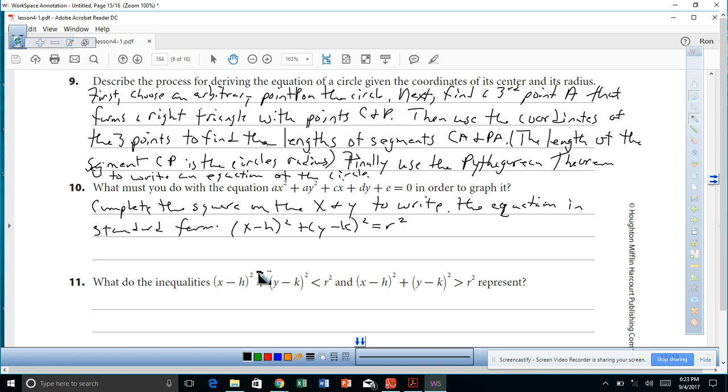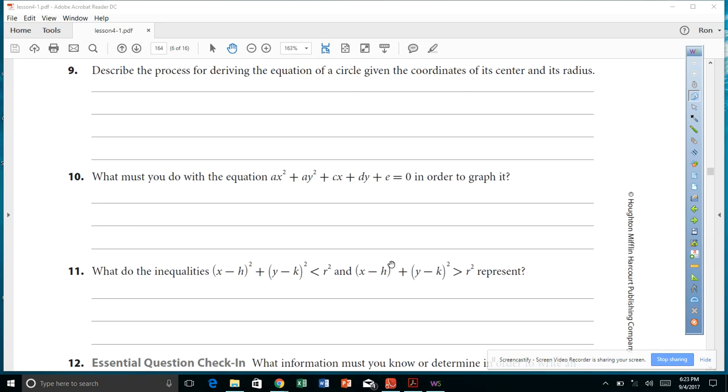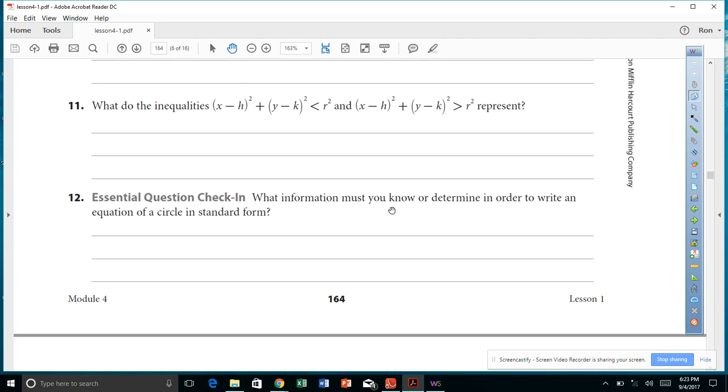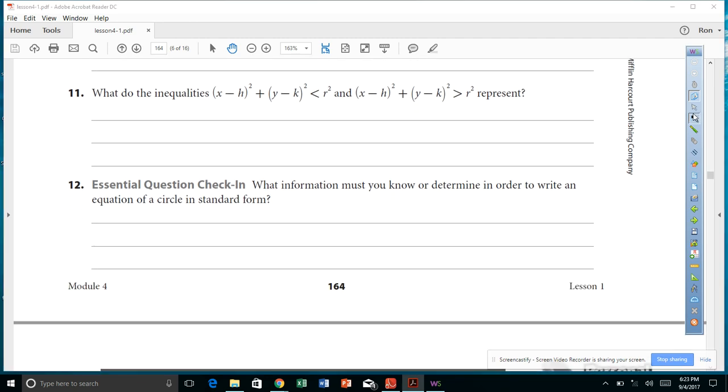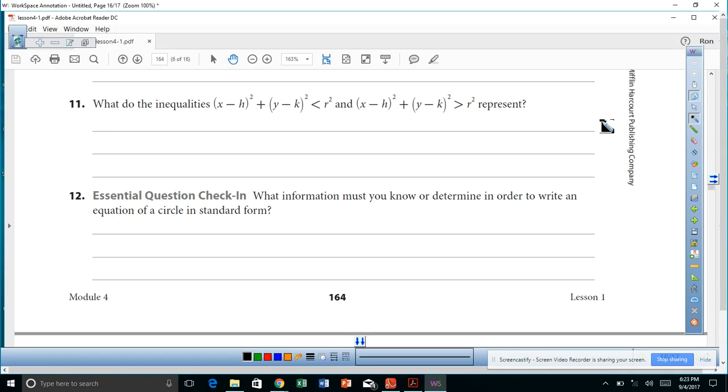All right. What do the inequalities x minus h squared plus y minus k squared less than r squared and x minus h squared plus y minus k squared greater than r squared represent? They represent, well, let's see. This represents the points inside the circle.